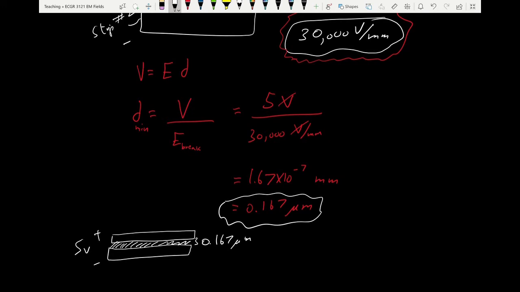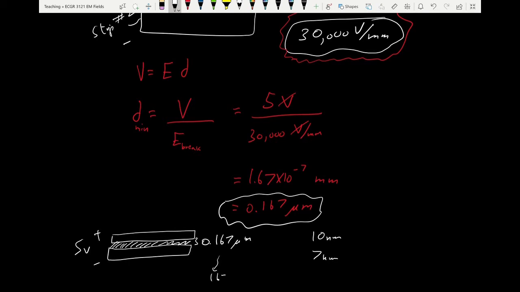I mean, this is pretty small. But if you follow semiconductor design, especially microprocessor design, there are processes right now that are approaching 10 nanometers or smaller. I don't know what the smallest is right now, perhaps 7 nanometers, but definitely current processes could go much smaller than this. So 0.167 micrometer is 167 nanometers.